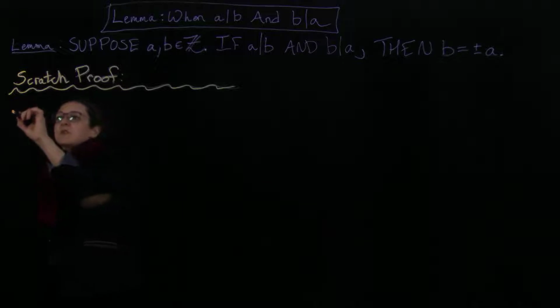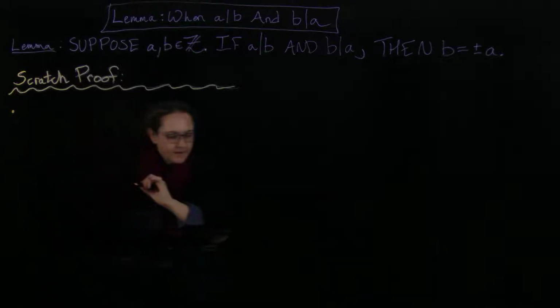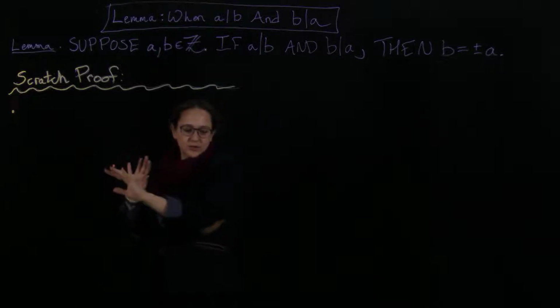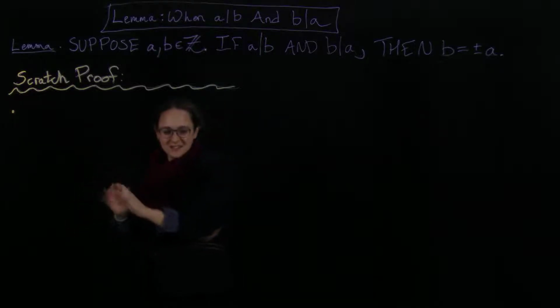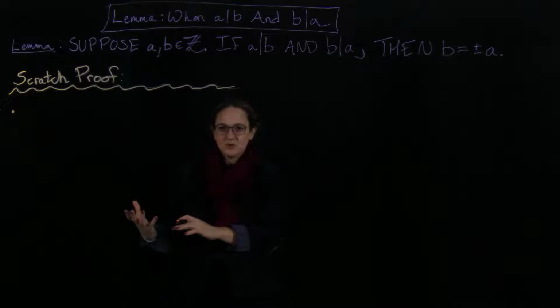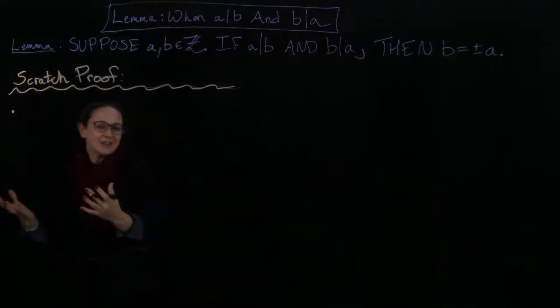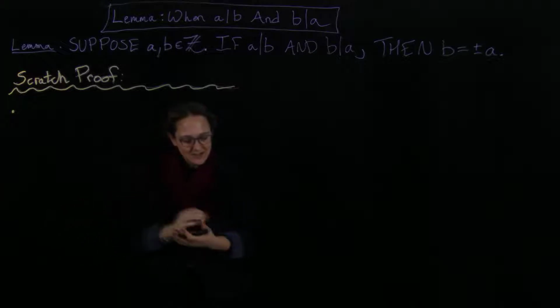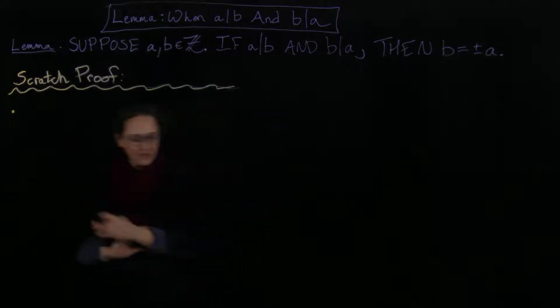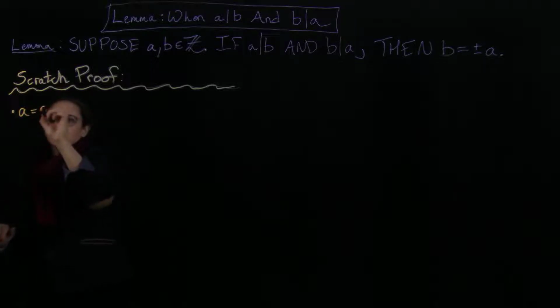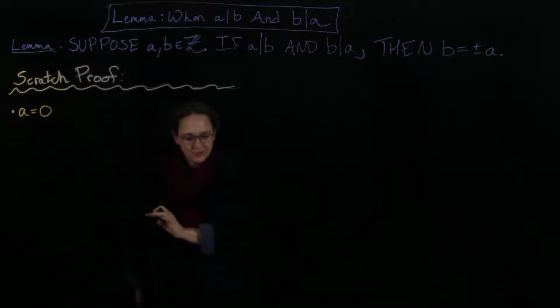So we'll start with, we're going to consider two different circumstances first. So we're going to look at the situation when A equals 0, okay? So this is scratch, so I'm not necessarily telling you everything I'm going to look at. So let's consider the circumstance of A equals 0. Okay, so what happens in this circumstance?